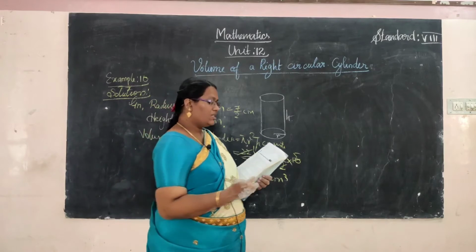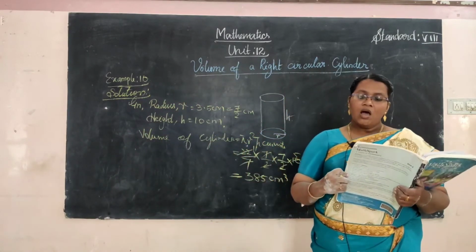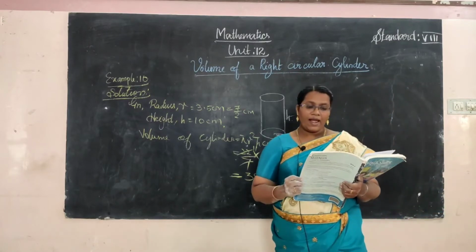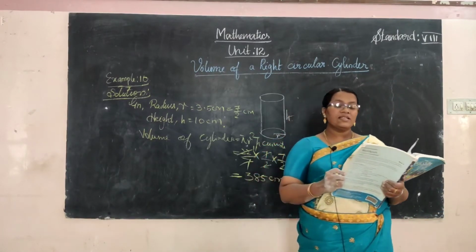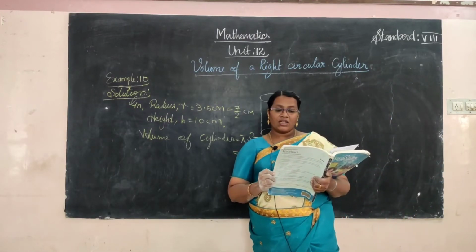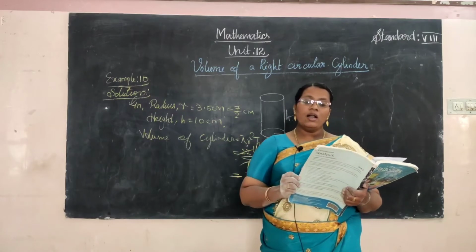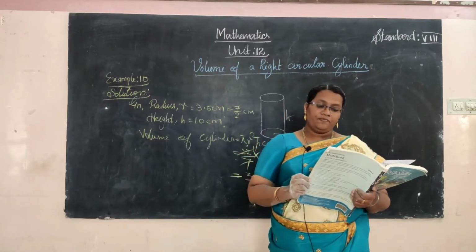The next example: a rectangular piece of paper is 44 centimeter long and 20 centimeter broad. Long means length, broad means breadth, so the length and breadth values are given. It is rolled along its length to form a cylinder.